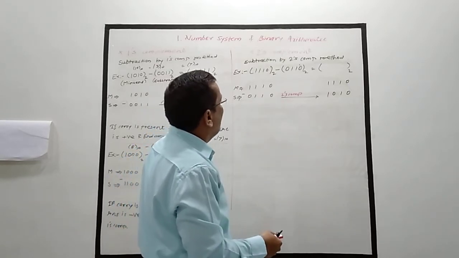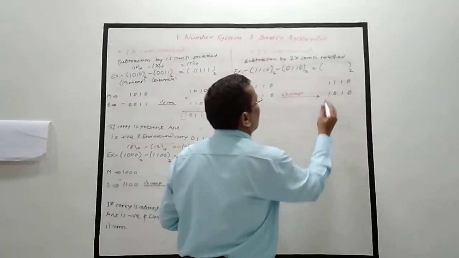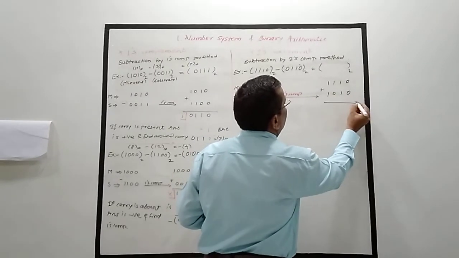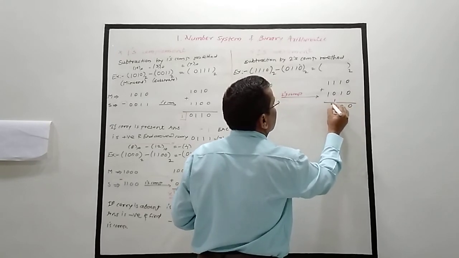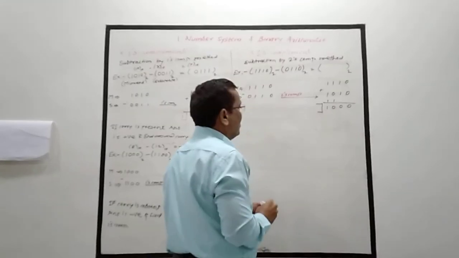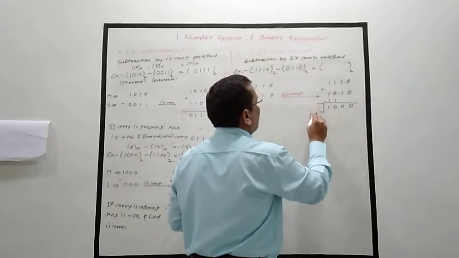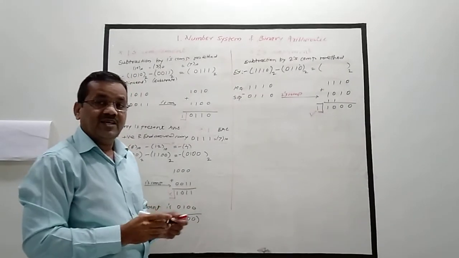Now addition of these two we get 0, 0 with carry 1, 0 with carry 1, 1 with carry 1. Here a carry is present, answer is positive.